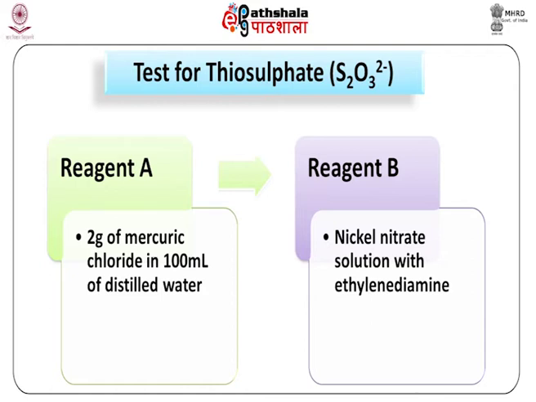Reagent B is prepared by treating a little nickel nitrate solution with ethylenediamine until a violet color appears. This violet color appears due to the formation of the nickel ethylenediamine complex ion.